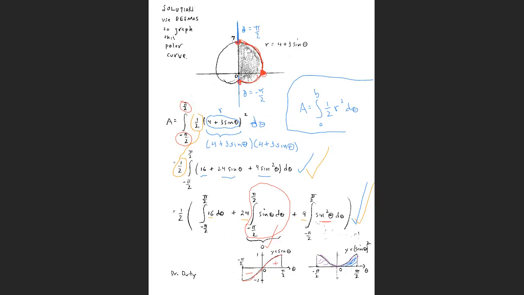What seems to be true about the blue area on the right and the red area on the left? What's true about those areas? They're equal. Absolutely.